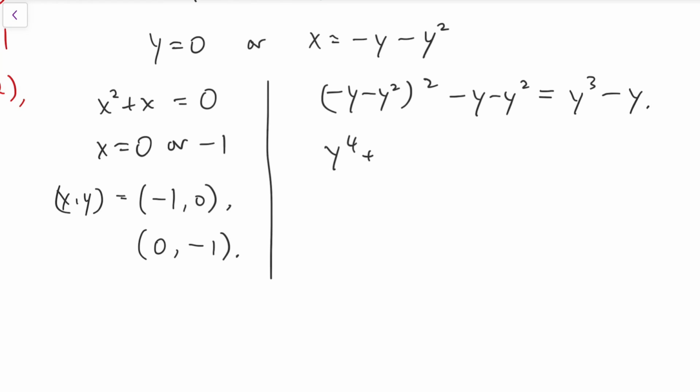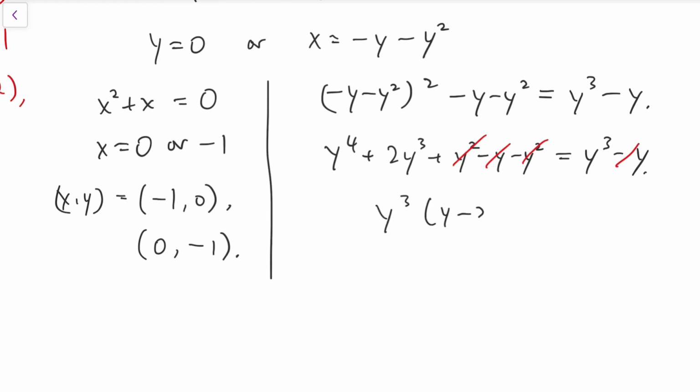So simplifying, we first expand the left, then we cross out the y squared, we cross out the minus y, and we have y cubed times y minus 2 equals 0. So y equals 0, y equals 2. Of course, we can reject y equals 0 because that has already happened in the case at the left.